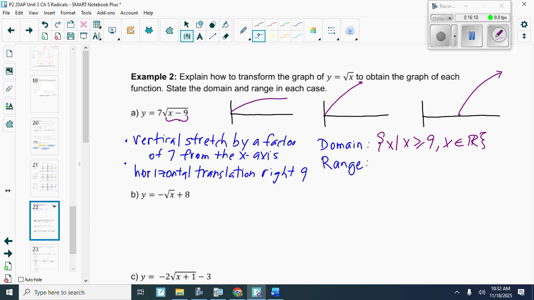And the range is y such that y is greater than or equal to 0. That gets affected by the vertical translation, of which we don't have any, so it stays at 0.